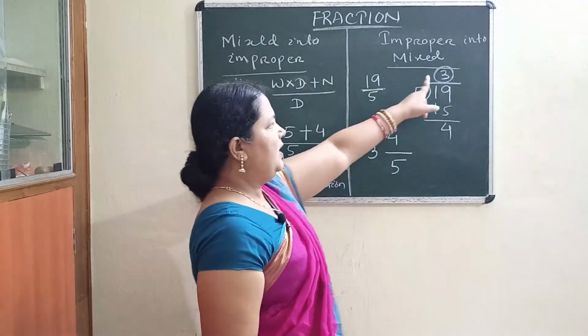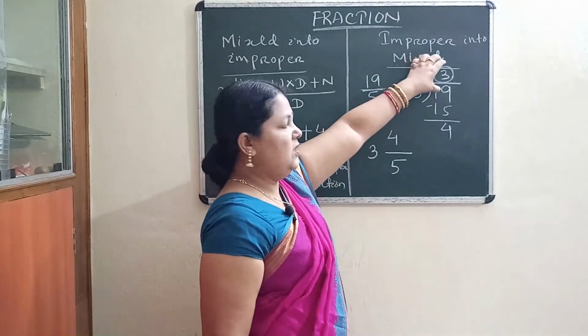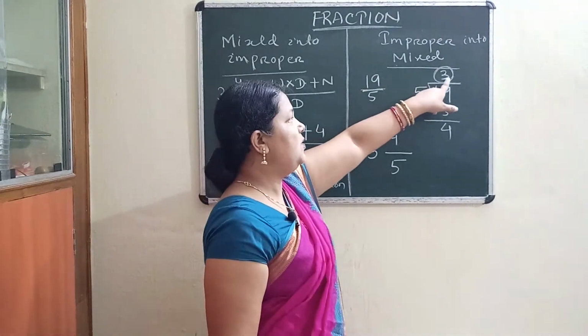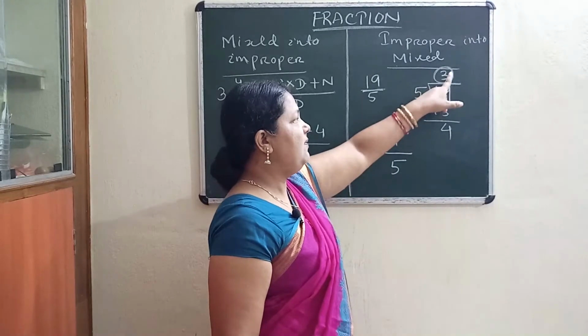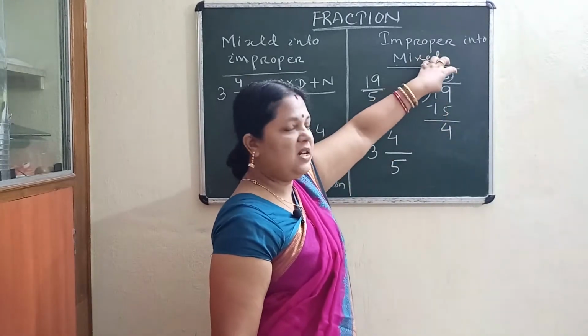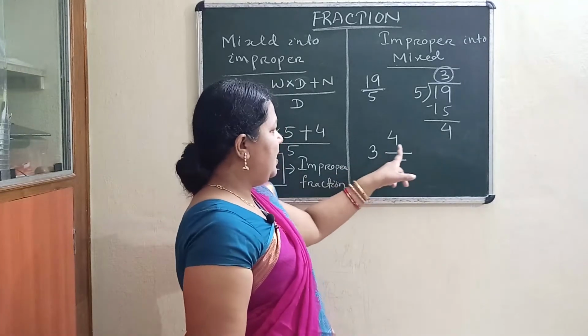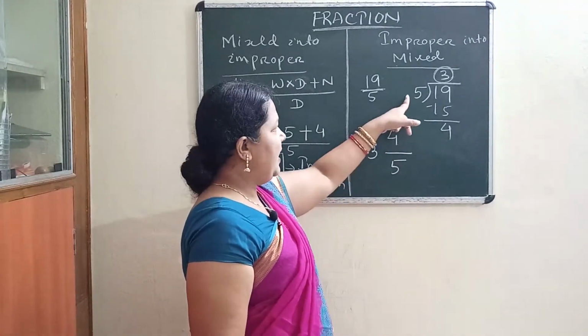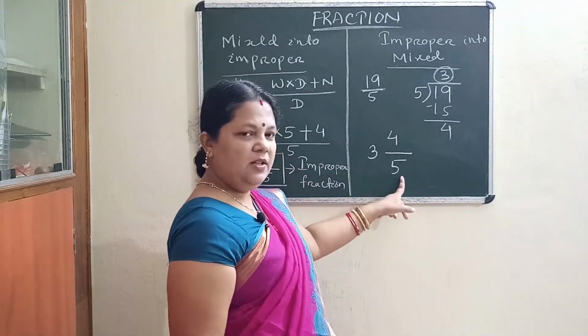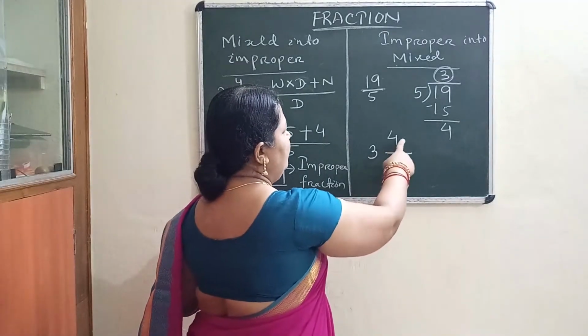Remember this, whatever quotient you will get, that is your whole number. Up to 5 3s are 15 we can reach. So this part is confirmed, whole part. 3 whole. How much left? That part is your numerator, and divisor is your denominator. So 3 whole 4 by 5.